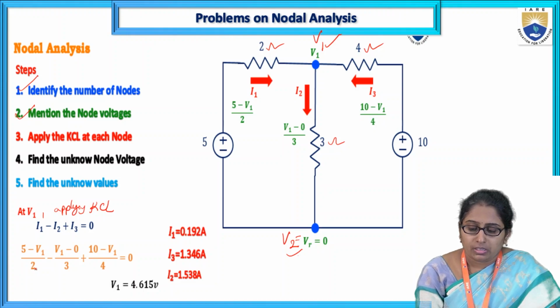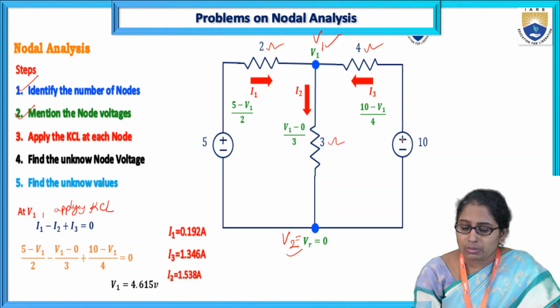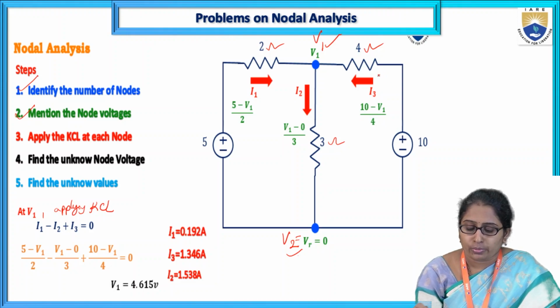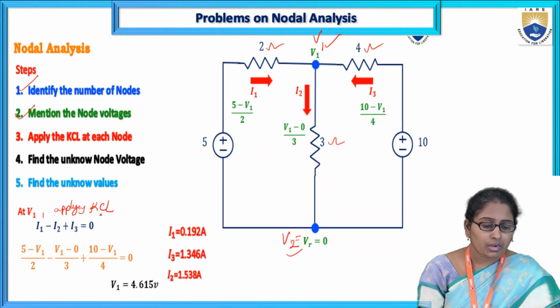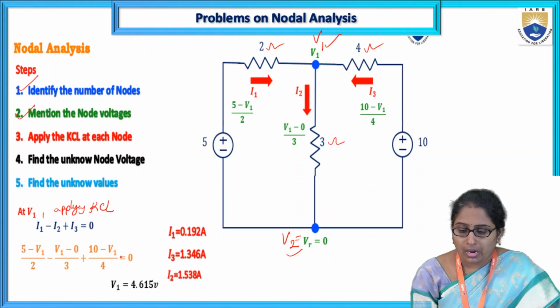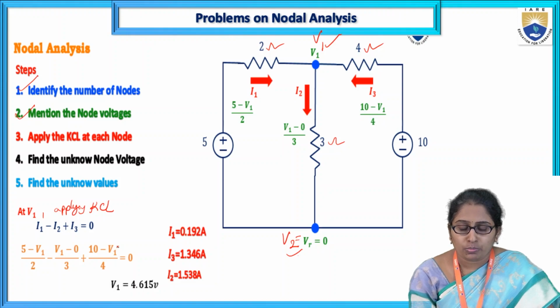Next, I2 is given between node voltage 1 and the reference node, whose value is 0, so V1 minus 0 by 3. Then I3 is given by (10 minus V1) by 4. So that is how, in terms of node voltages using Ohm's law, the currents are written.